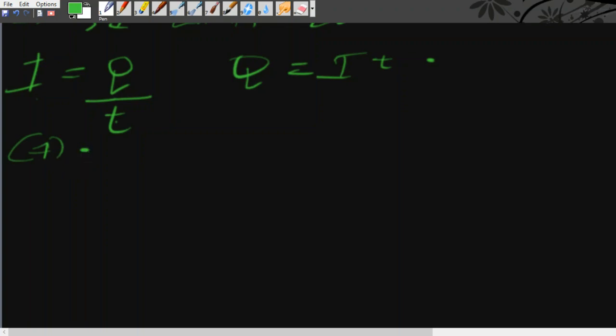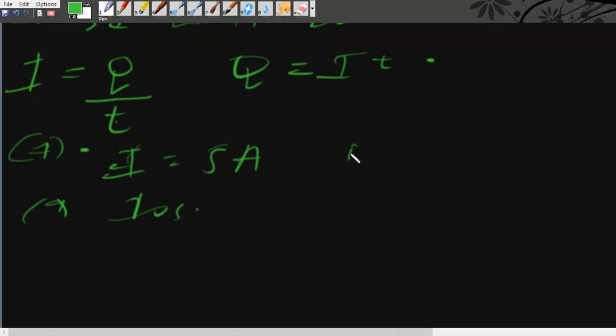Here the current, I, we have been given, which is 5 amps, and the question asks us to calculate the charge passing in 10 seconds.